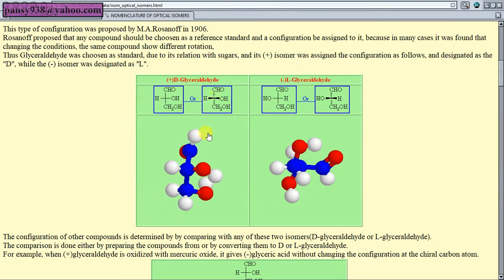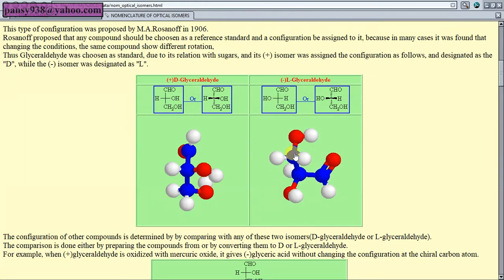Both H and OH are projecting toward the viewer out of the screen. So let it be arranged in the manner of the two-dimensional diagram, while the negative glyceraldehyde is L-glyceraldehyde.